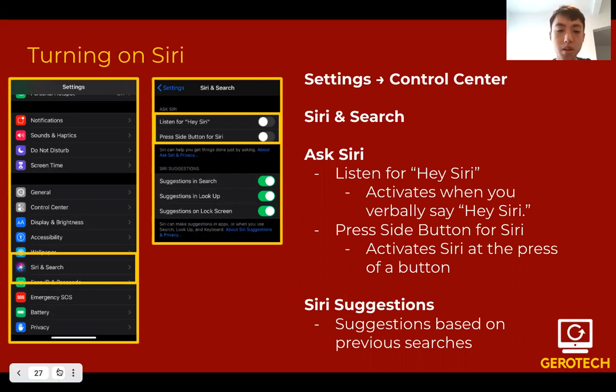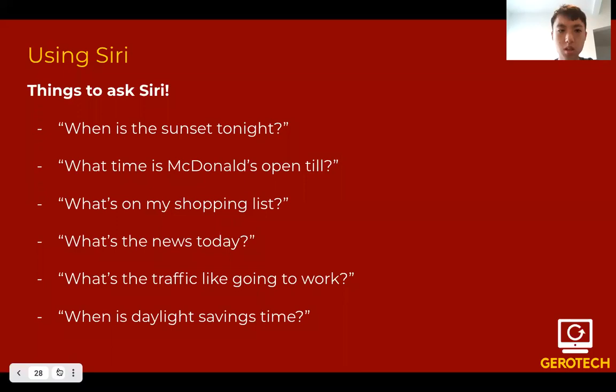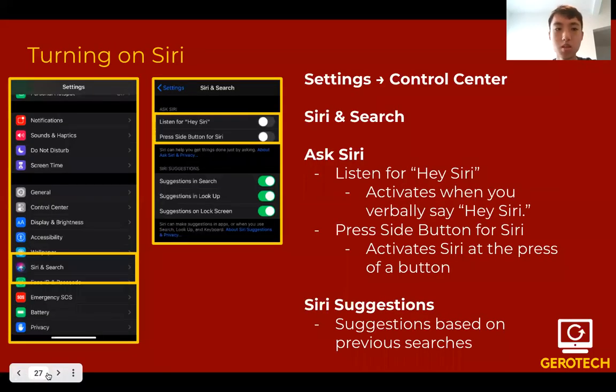Anyway, you can hold the home button down to also get access to Siri. So that's for the older models. You can also just say, Hey Siri, if you activate that setting in that yellow box on the left. And you can also press the side button for Siri, so that's another option.